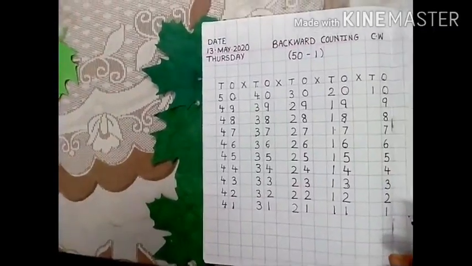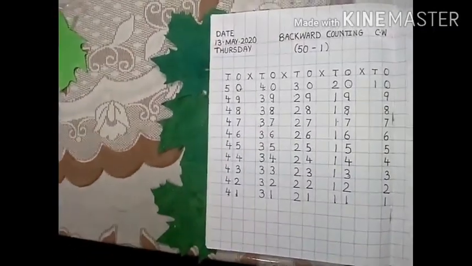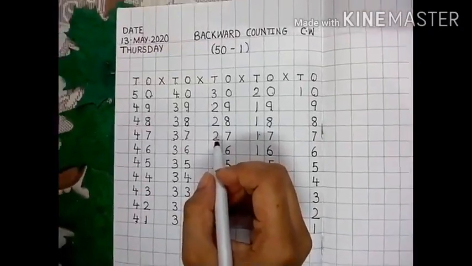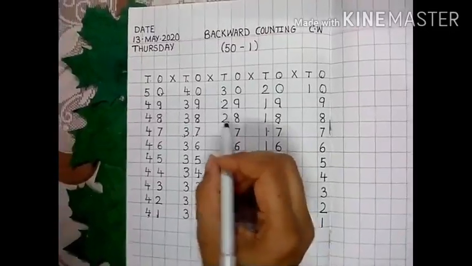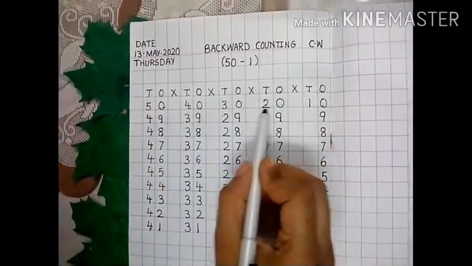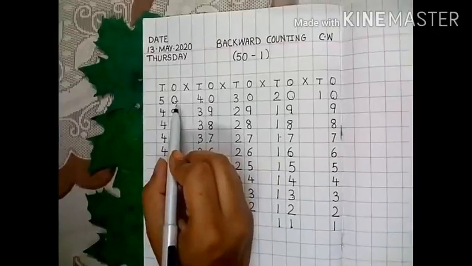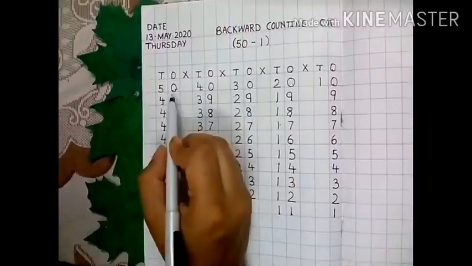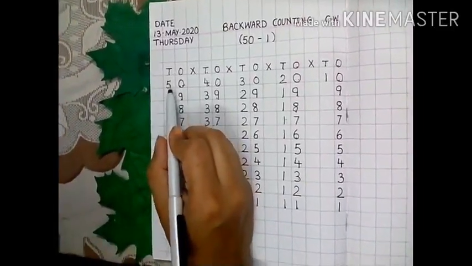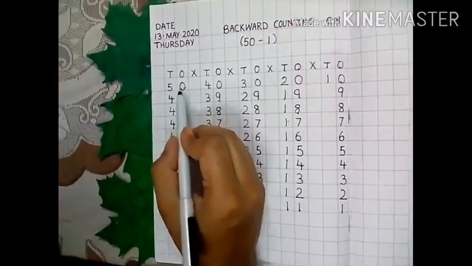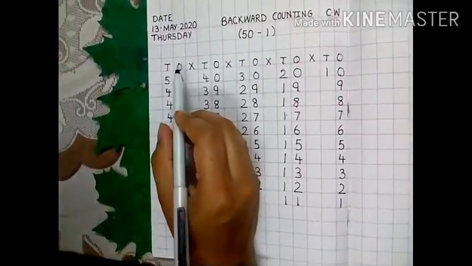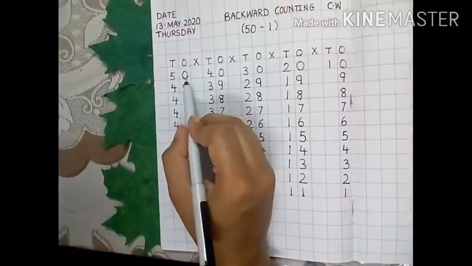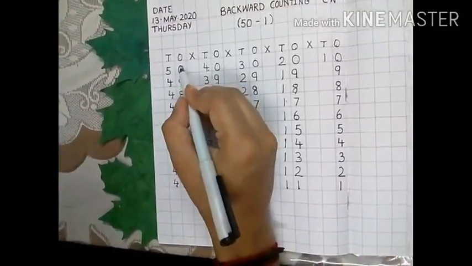Okay class, now you have to understand this counting. One important thing: 10 to 50 are double digit numbers, so we have to write them in two columns. 5 would be in the first column and 0 in the second column. So 5 would be in the tens place and 0 in the ones place.